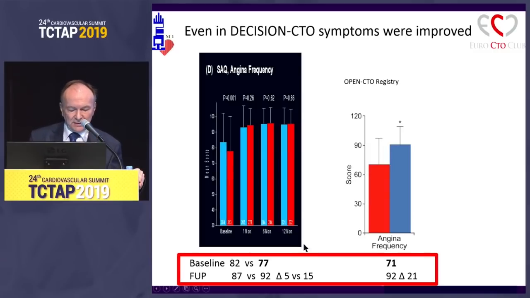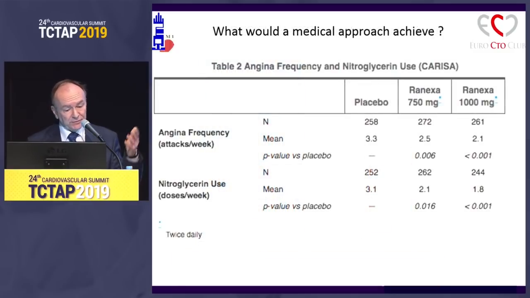But what we see in randomized trials as compared to registries is, of course, that we have lower symptom scores, so more symptomatic patients in registries as compared to randomized trials, because it's a selection bias. You never randomize the really sick patient. He will refuse, or even the doctor refuses.